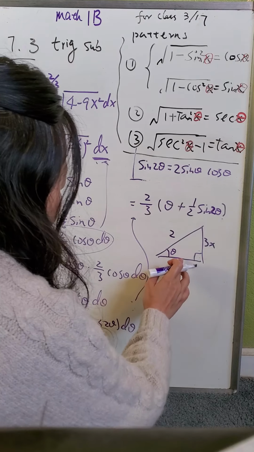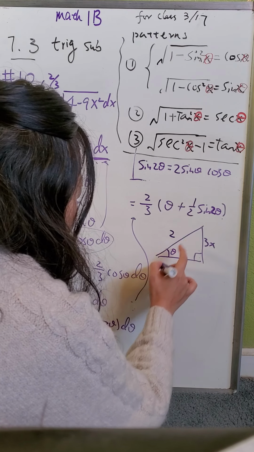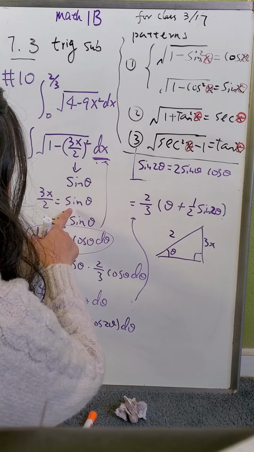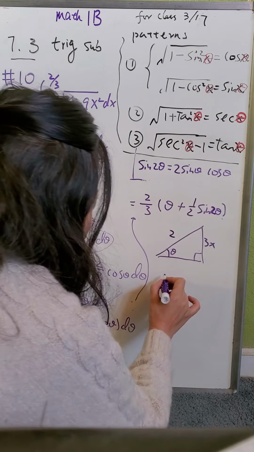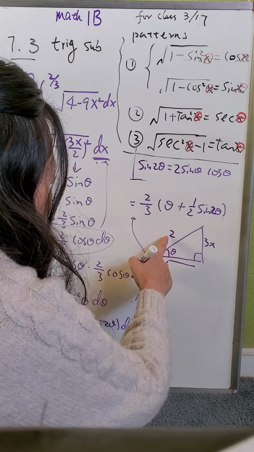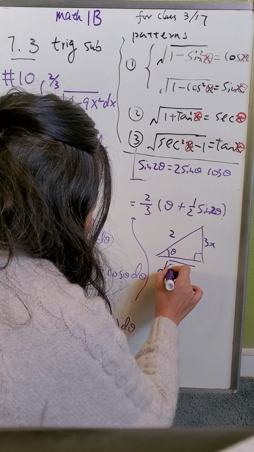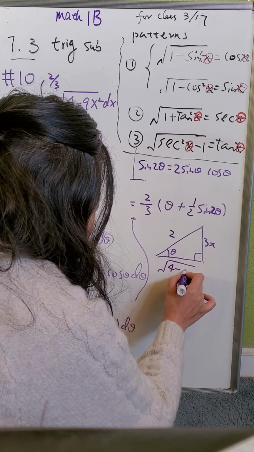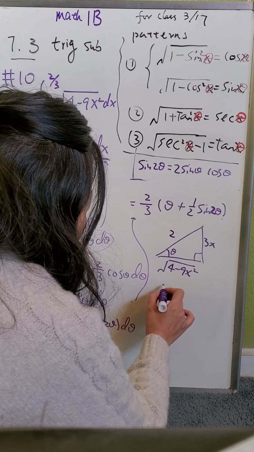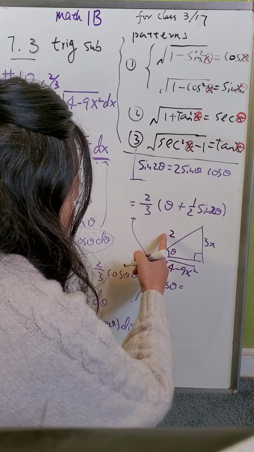I need to know sine theta. I need to know cosine theta, so I need to know this one. This will be the square root of 2 squared minus 3x squared, so it's 4 subtract 9x squared. Okay, so now I'm going to go cosine theta equals adjacent over hypotenuse.